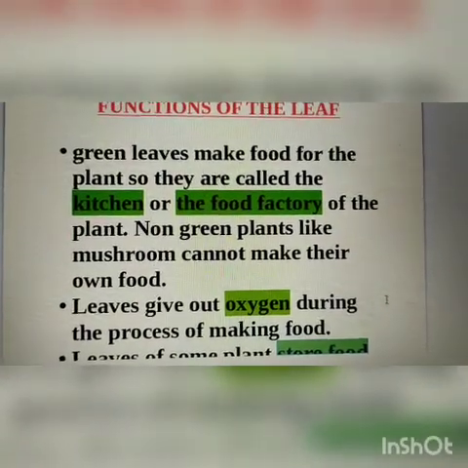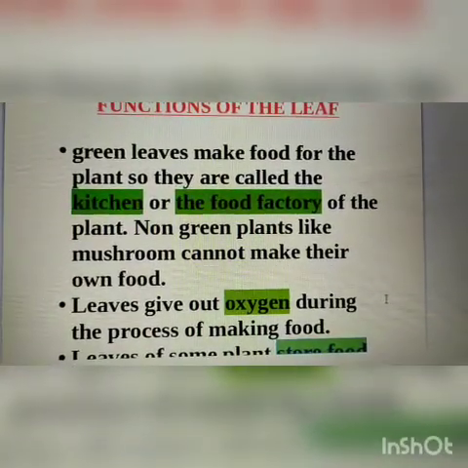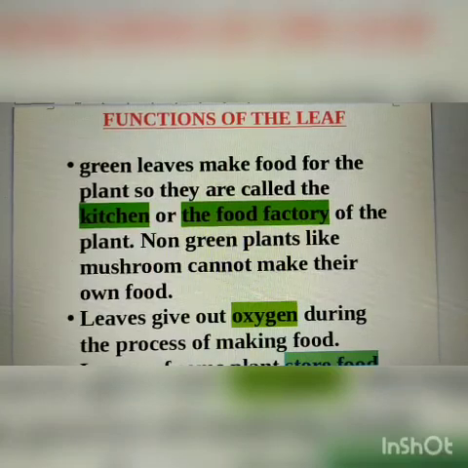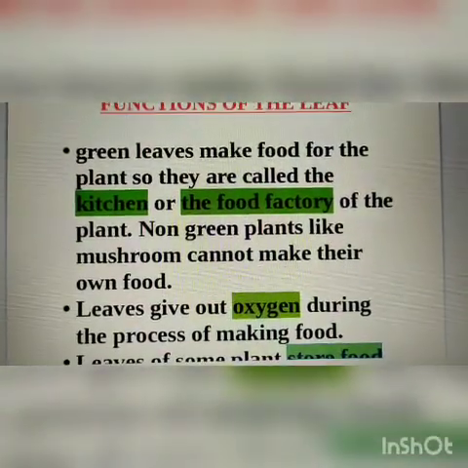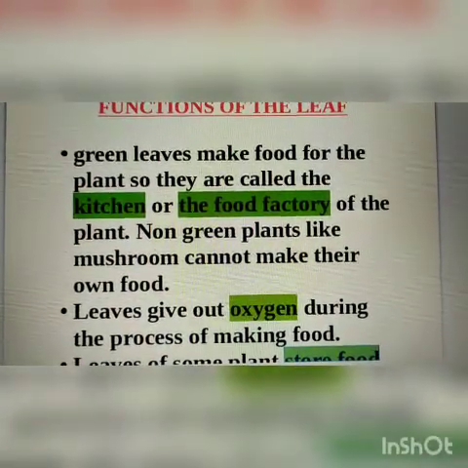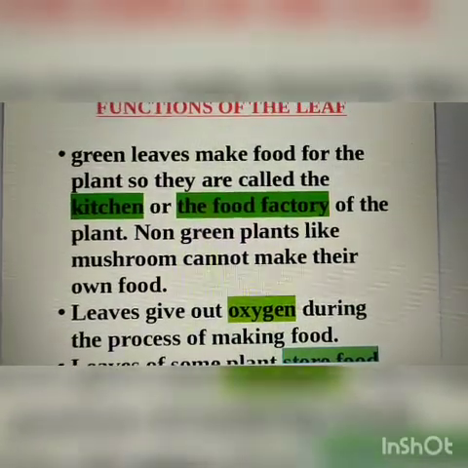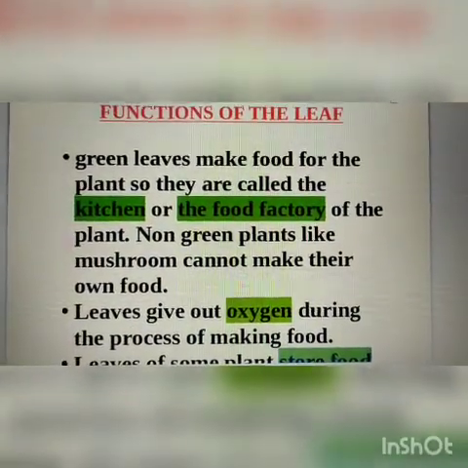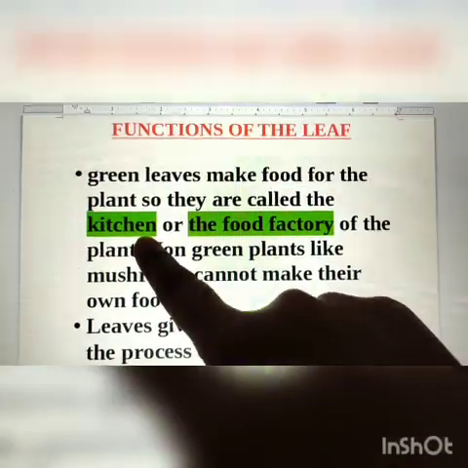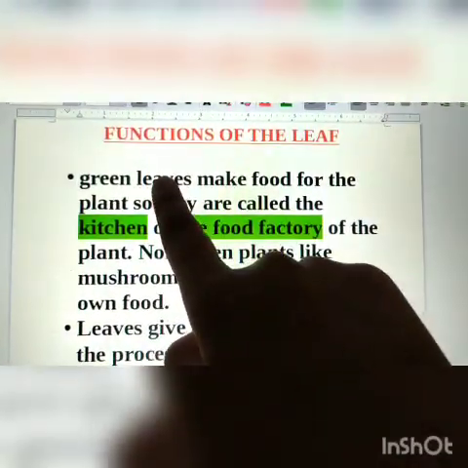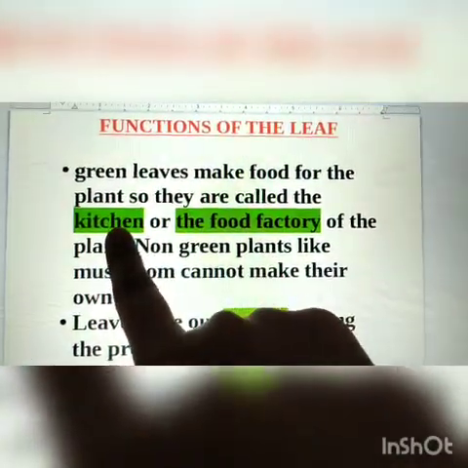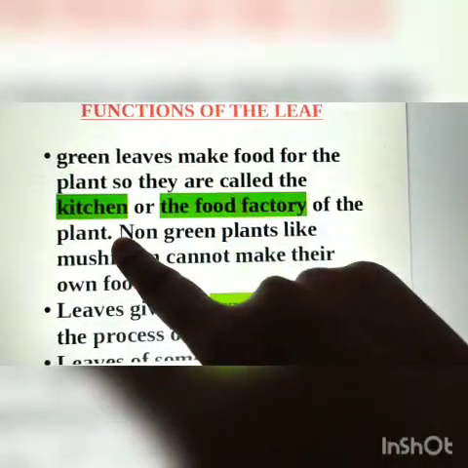Where does your mother cook food for you? In the kitchen, no? Yes. So, green leaves also prepare their food in the kitchen. And green leaves are called the kitchen or food factory of the plant.